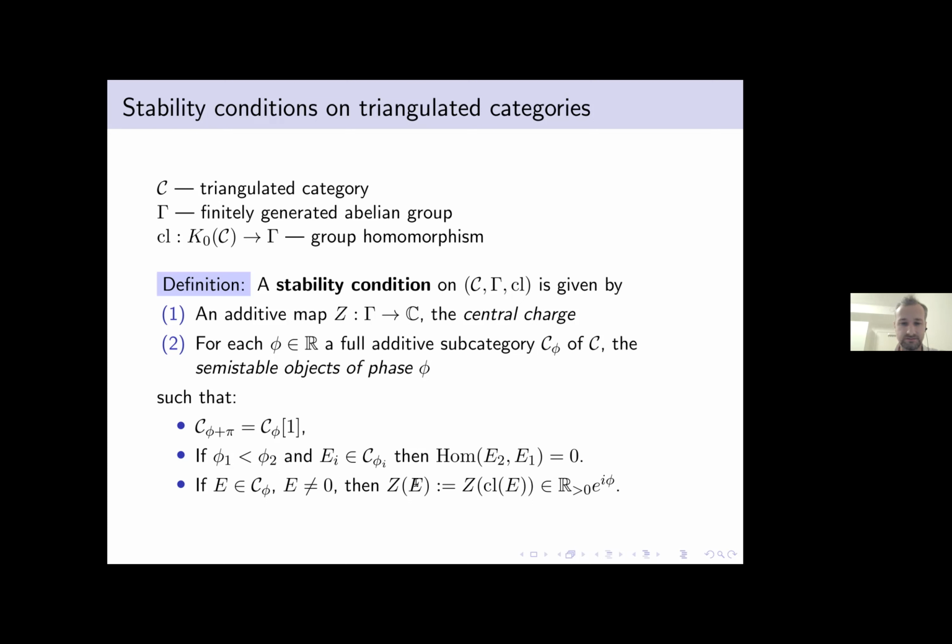So E has some K-theory class, and you apply the central charge to it. This is some complex number, and phi should be a choice of its argument. It should also be a non-zero complex number whenever E is semi-stable for that to make sense.